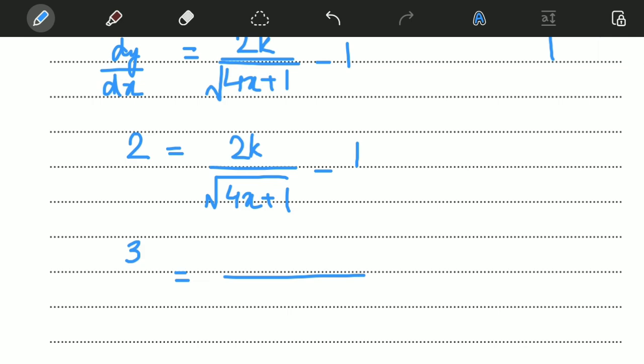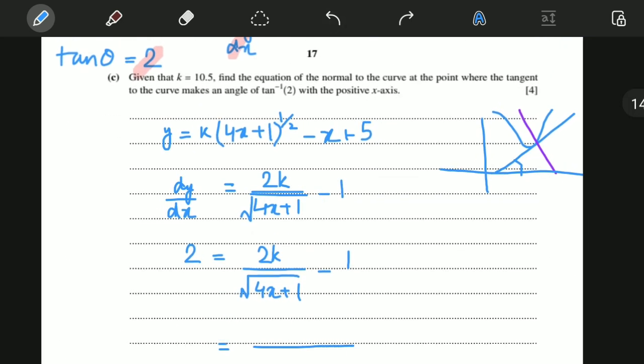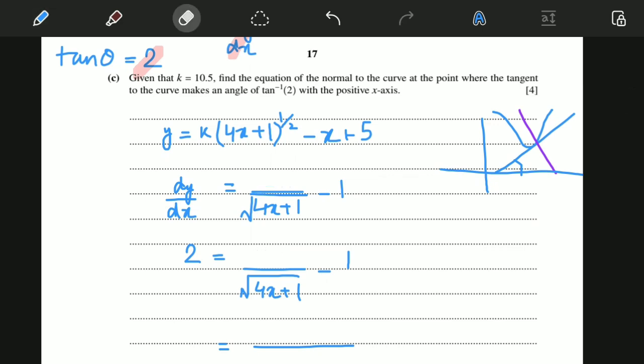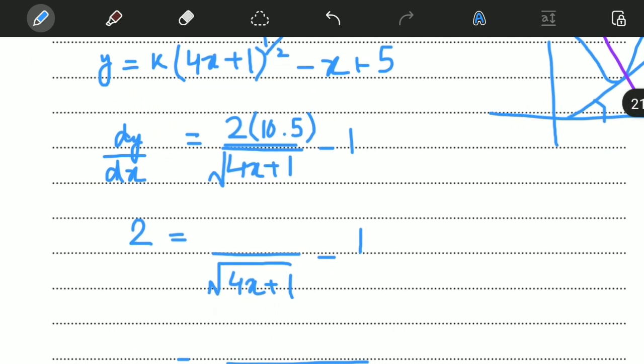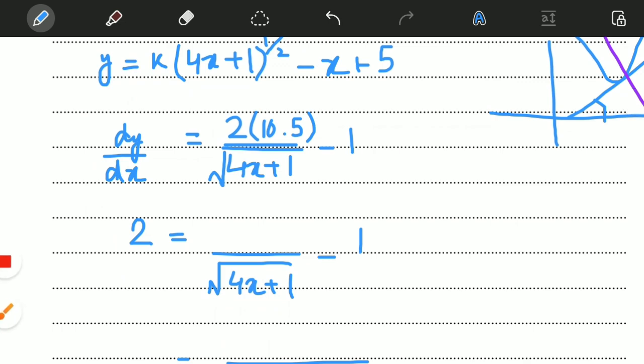Okay, sorry, we have to substitute k equals 10.5 as well. Okay, that is important. 2 into 10.5 is 21.